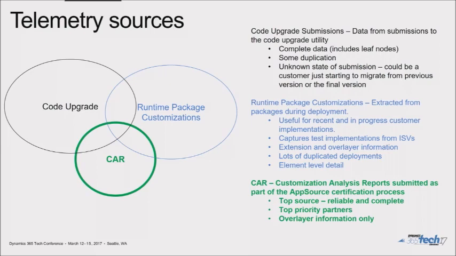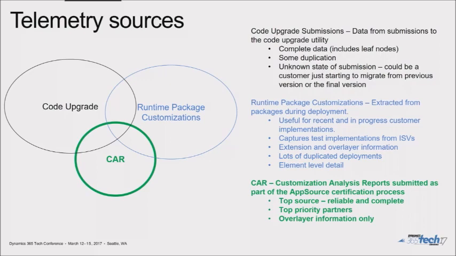And the third circle on the bottom is the customization analysis reports, or CAR, that we get from ISVs as part of the curation process for a solution going into AppSource. Each of these has some benefits and some drawbacks.